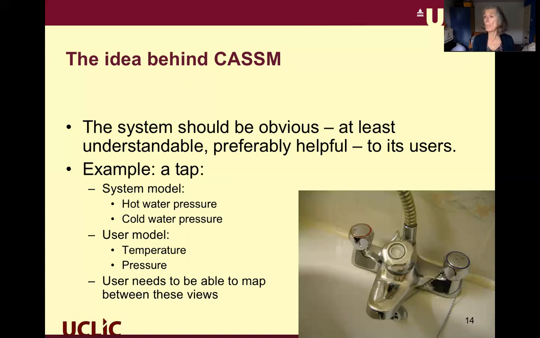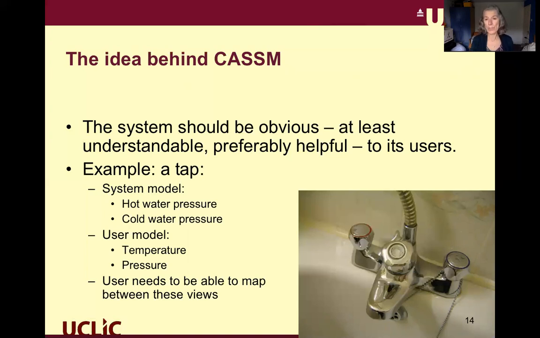And when you turn them, you manipulate the temperature, but you also manipulate the pressure of the water that comes out of the tap or out of the shower head. Of course, what we want as a user model is that the water comes out at the right temperature, and particularly if it's a shower, that it comes out at a comfortable pressure. Not too fast such that it hurts, not too slow that it doesn't get the soap off. And we need to be able to map between these views.